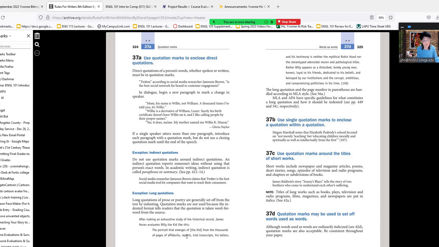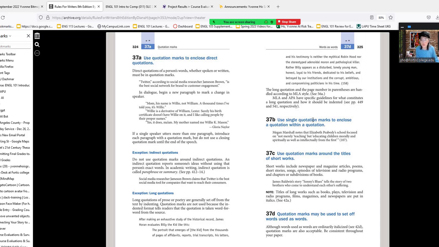The portrait that emerges of Billy the Kid from thousands of pages of affidavits, reports, trial transcripts, and his letters is neither the mythical Robin Hood nor the stereotypical moron and pathological killer. Rather, Billy appears as a disturbed, lonely young man, honest, loyal to his friends, dedicated to his beliefs, and betrayed by our institutions and the corrupt, ambitious, and compromising politicians of his time.